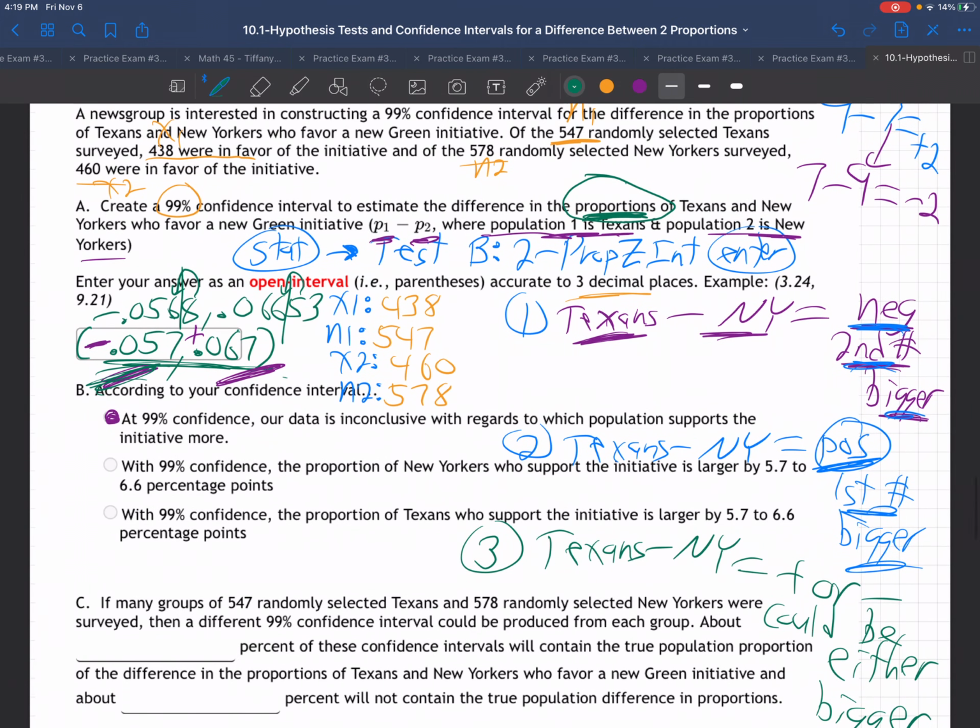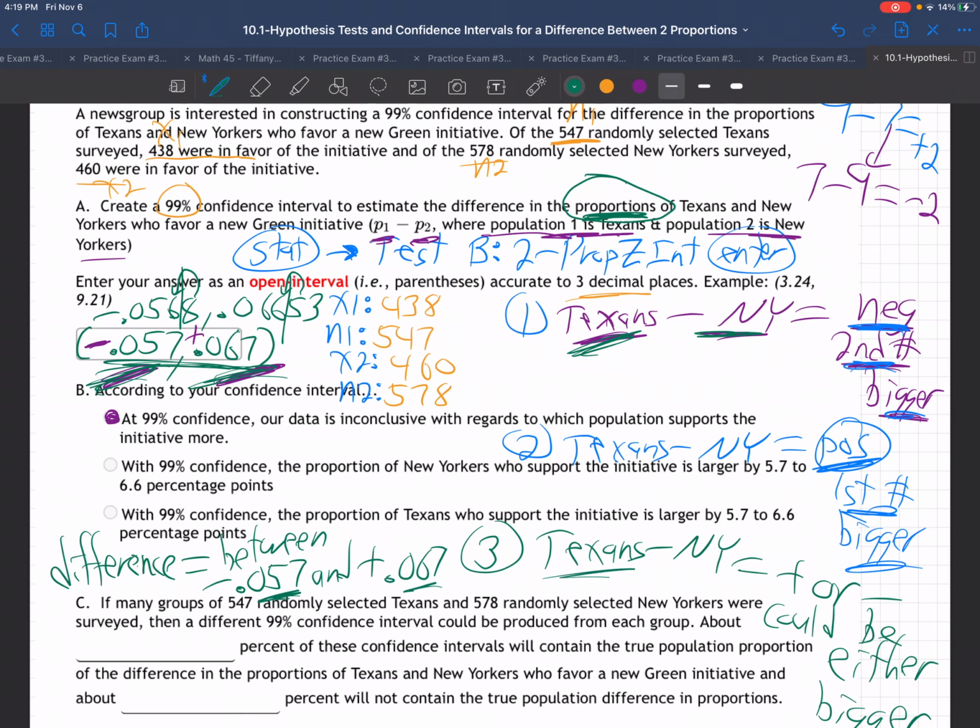Well, see, ours came out... We're saying our answer is a difference, right? We're subtracting Texans minus New Yorkers. The difference came out to be between negative 0.057 and positive 0.067, didn't it? So that goes between a negative number and a positive number.